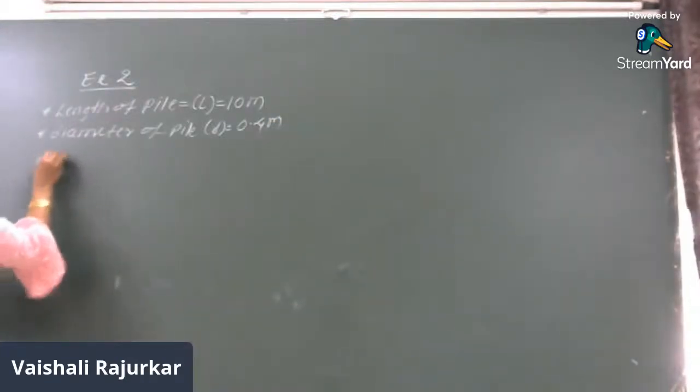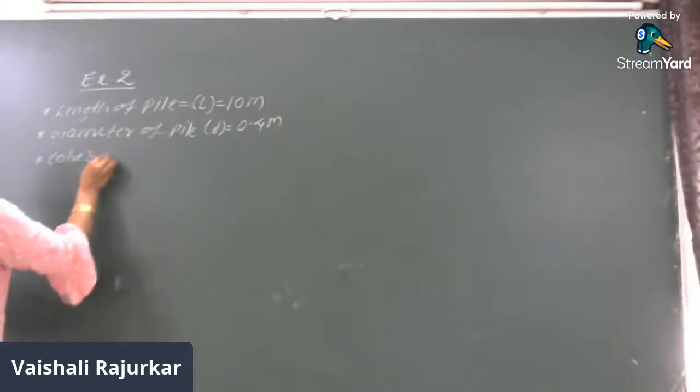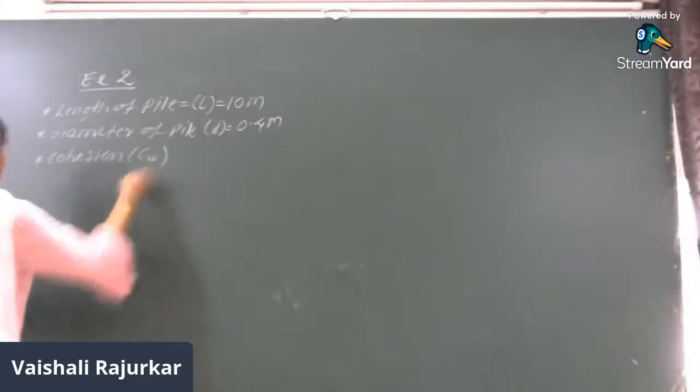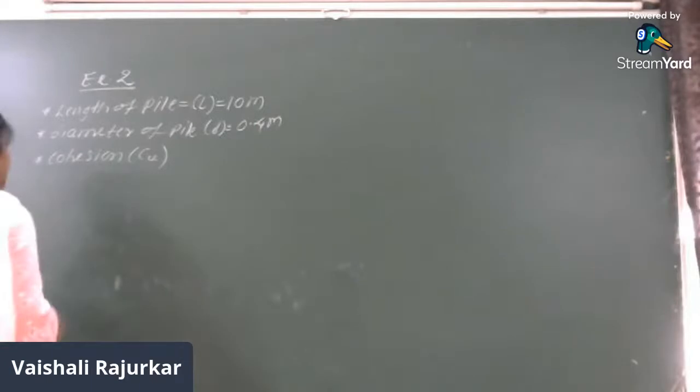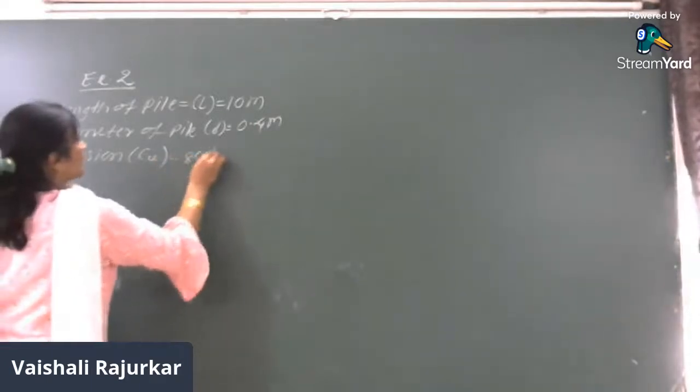Then cohesion, that is CU, undrained cohesion, which is taken as 80 kilonewton per meter square.